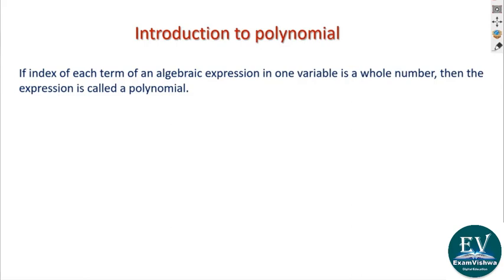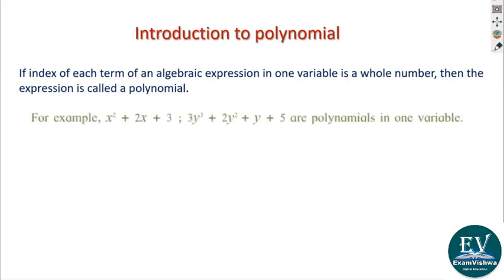And the index of such polynomials will always be a whole number. These are certain characteristics. Every polynomial will have more than one term, every polynomial will have variables, and every variable will have an index which is always a whole number. These are the fundamentals related to polynomials.